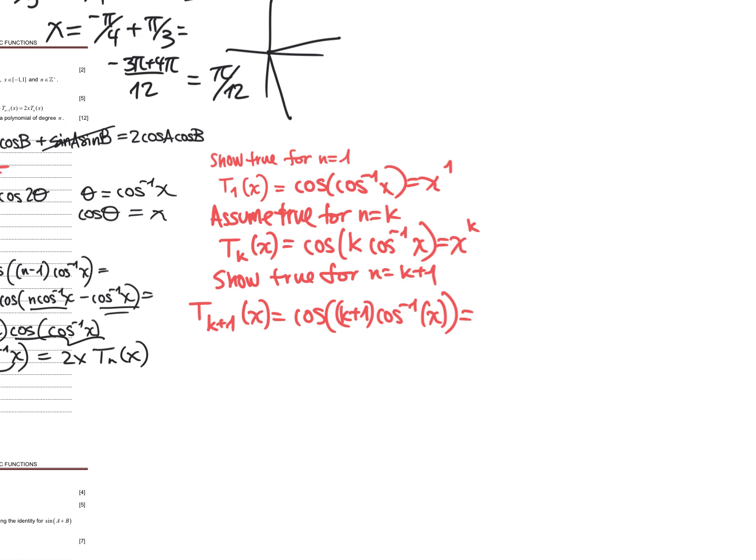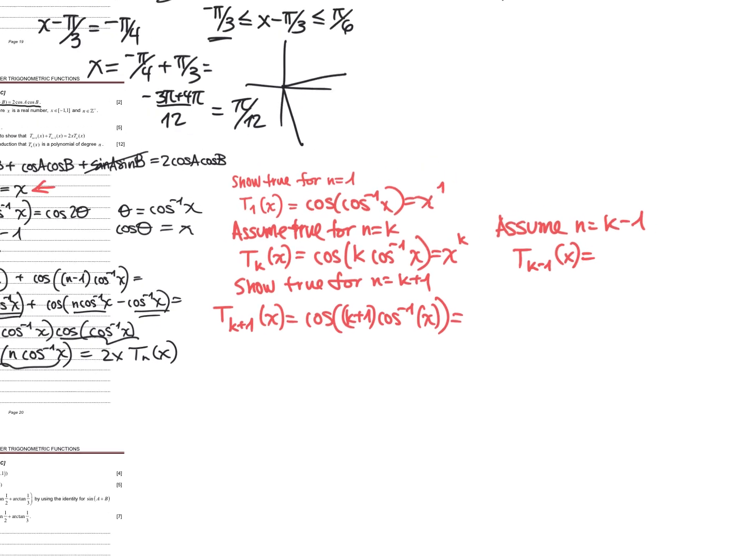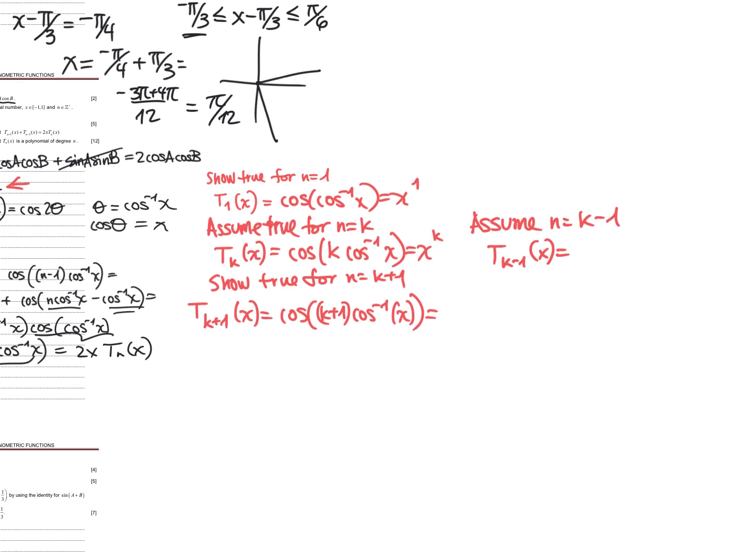So we can also assume it's true for n equals k minus 1, so before k. So T_(k-1) of x is going to have x to the k minus 1. So we want to show this one is x to the k plus 1 here.